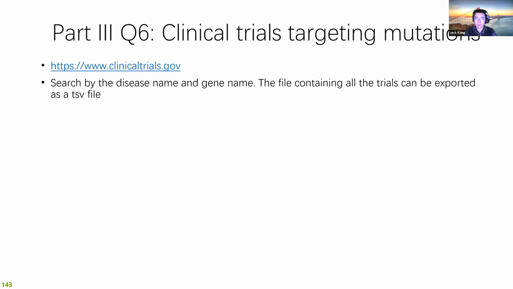There are two ways. You can export a file as a TSV document, read it in R, and count using code. Or if there are just 10 trials, maybe you just manually count on the website those that are still recruiting people, I think that is the question. So it's going to be very easy.